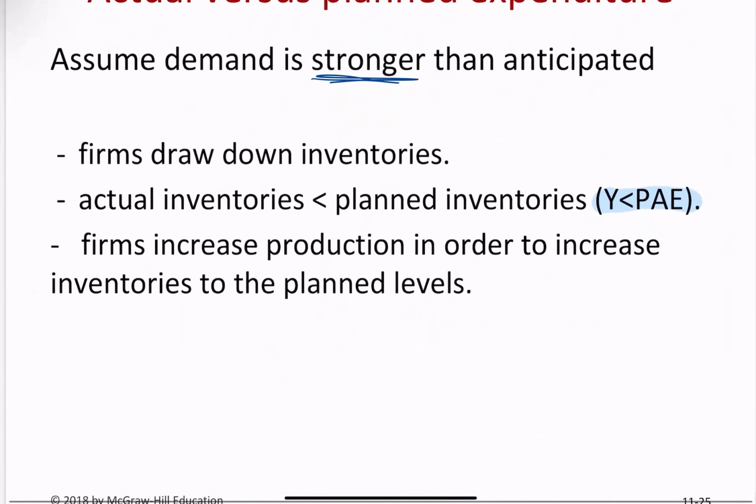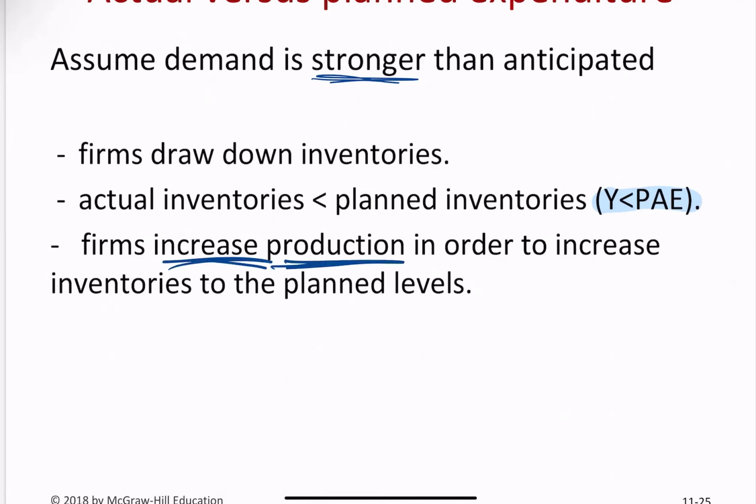Your actual inventories are less than what you had planned because the demand is stronger than what you had planned it was going to be. So your actual inventories will be less than the planned. Firms will increase production in order to increase the inventories to the planned level.